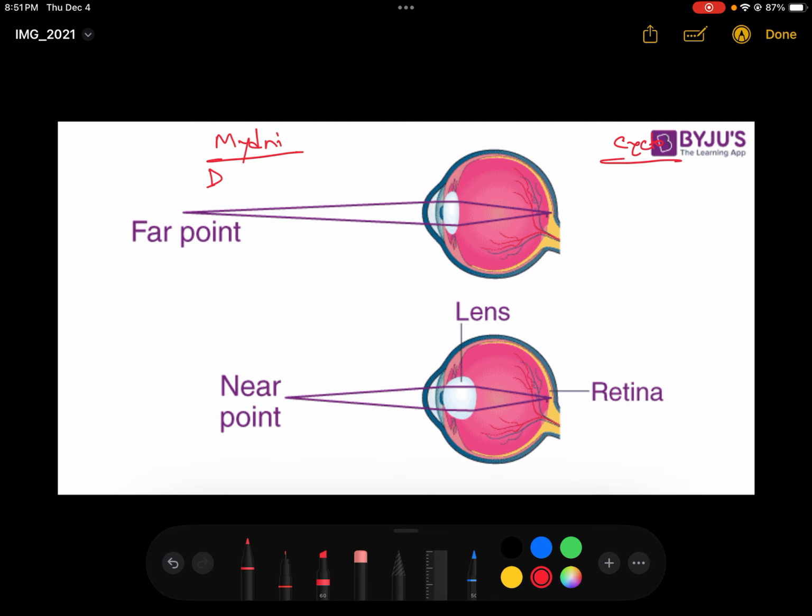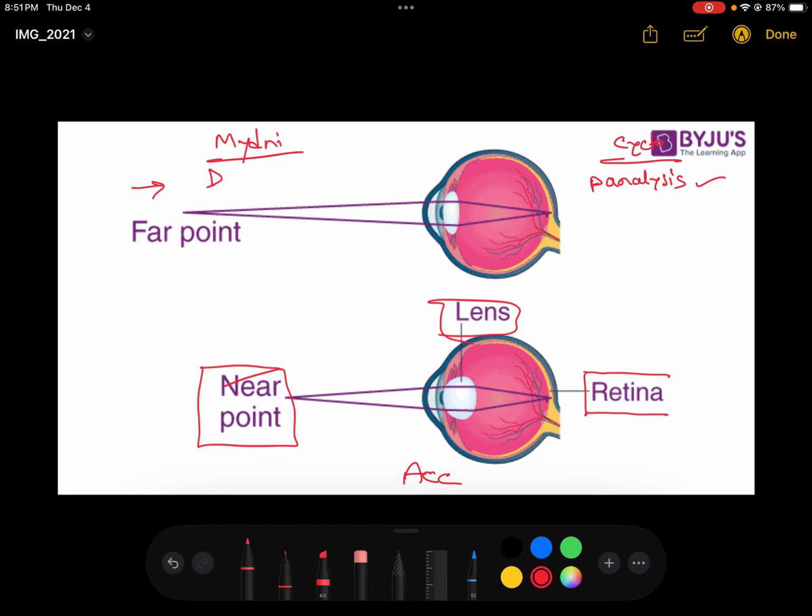And in cycloplegia, there is paralysis of the ciliary muscles. Accommodation means the ability to see the near object clearly by increasing the converging power of the lens. This is accommodation.